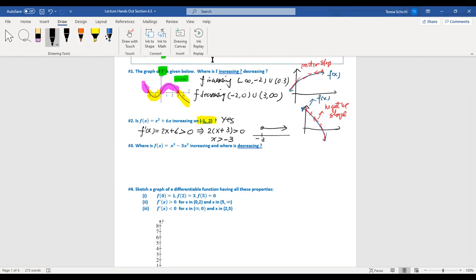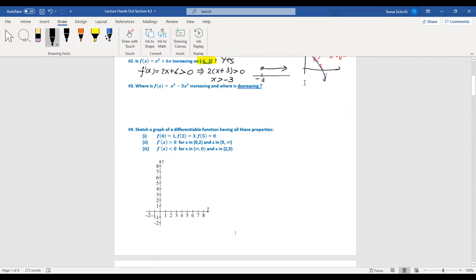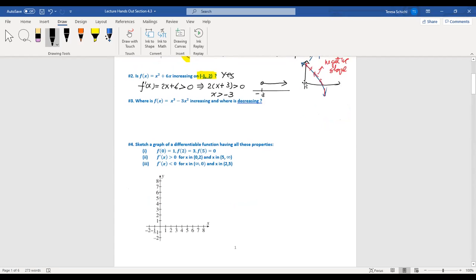Okay. Now let's take a look at number 3 here. Number 3 says, for the given function x cubed minus 3x squared, where is it increasing and where is it decreasing? Okay, so right now we just take the first derivative. The first derivative is 3x squared minus 6x.